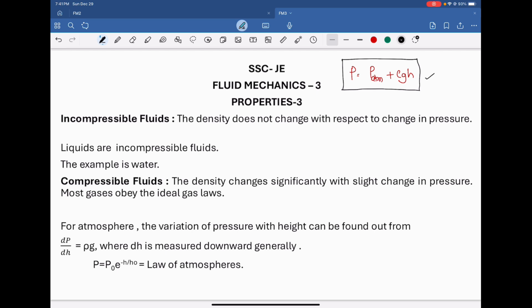When there is no change in the density, then we write the equation as P at any point is equal to P atmosphere plus rho g H. This we can safely write for liquids because rho g is not changing.